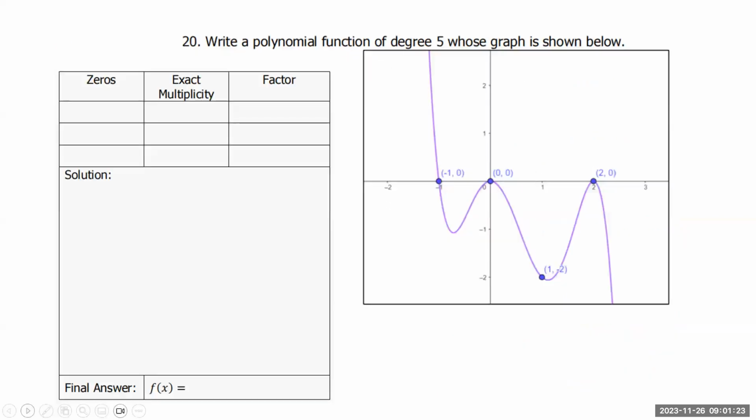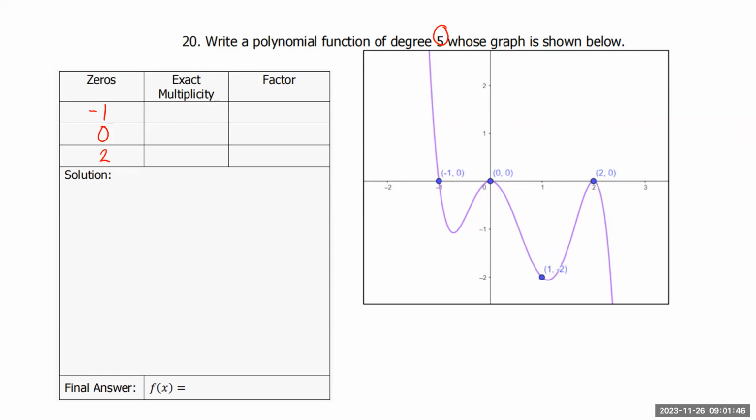And lastly, given a graph of a function and the degree of that function is 5, we need to find the equation of that polynomial. So we need to fill out the table first. For the zeros, we have here -1, 0, and 2.